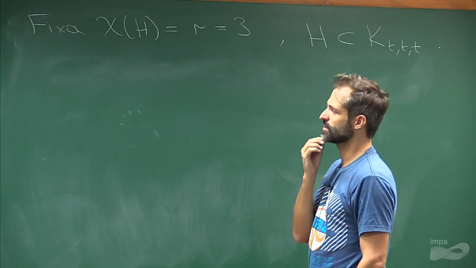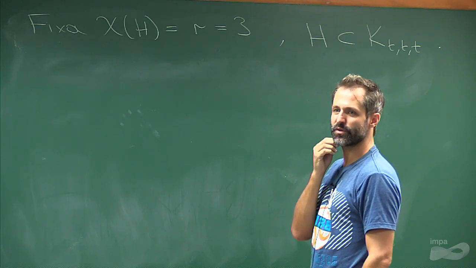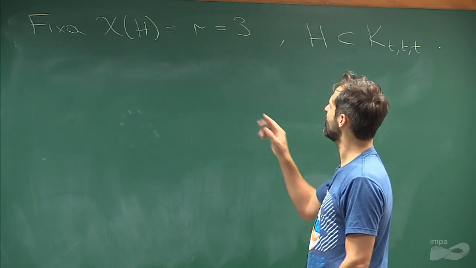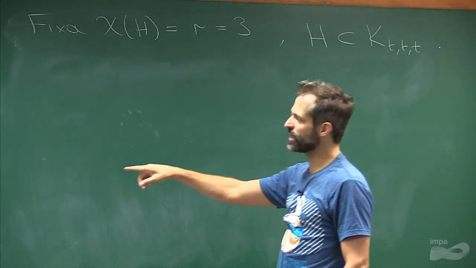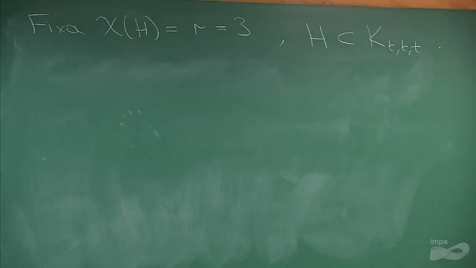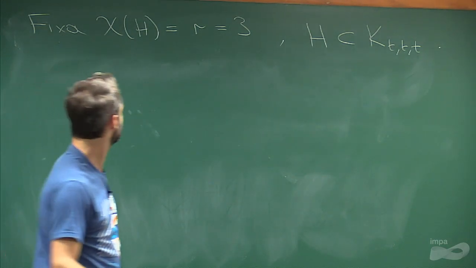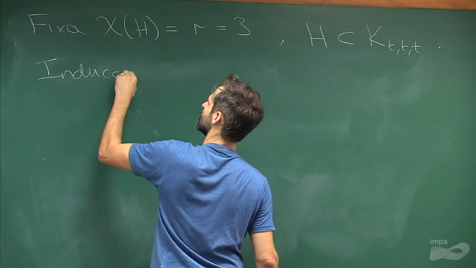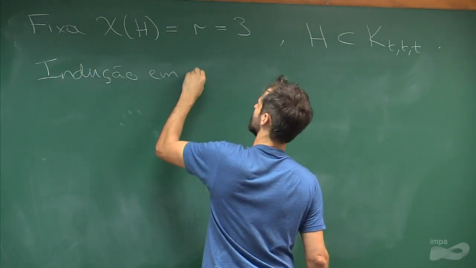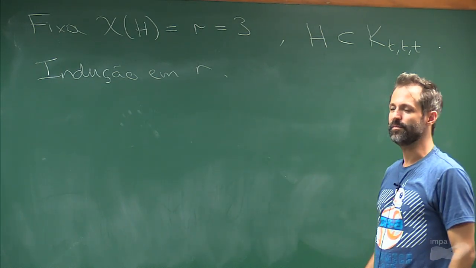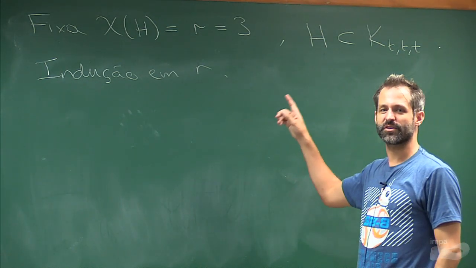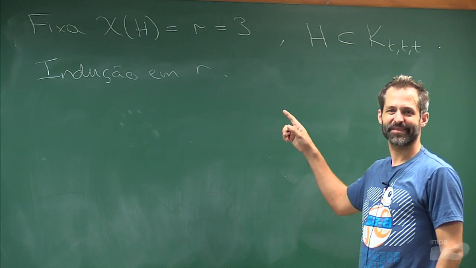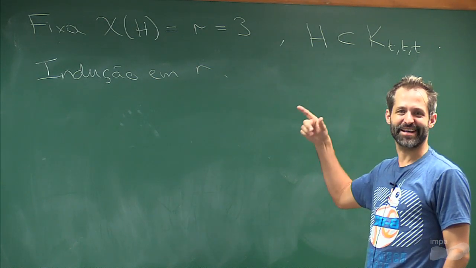So how are we going to do this? We need induction on r. We've already proved the result for r equals 2. And by the way, I'm going to give a proof that doesn't work, and then we're going to come back to the beginning and try to fix it.